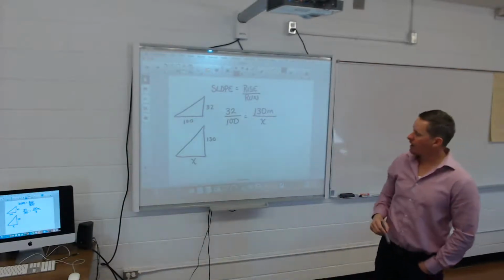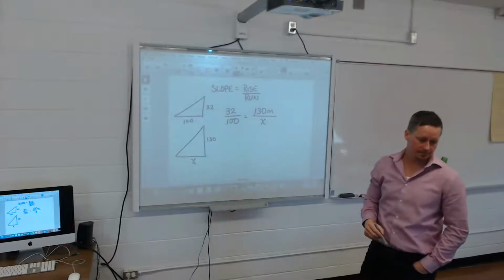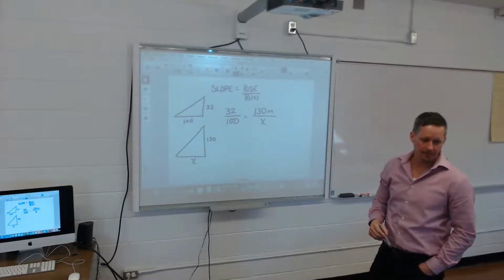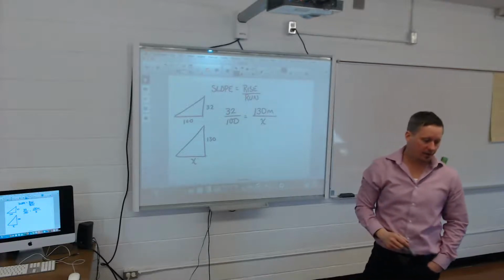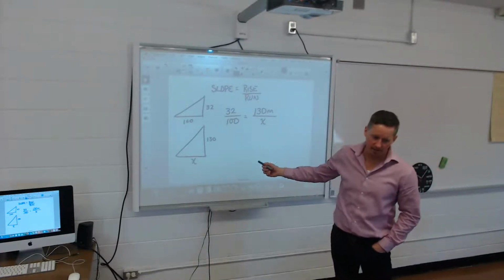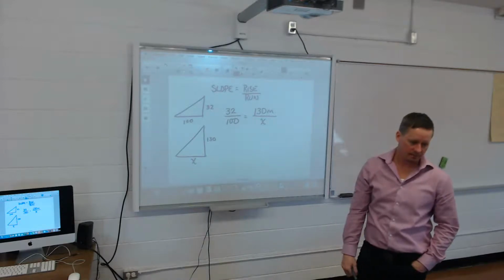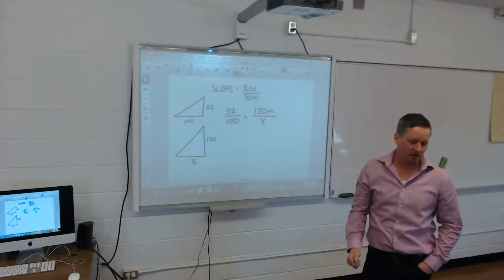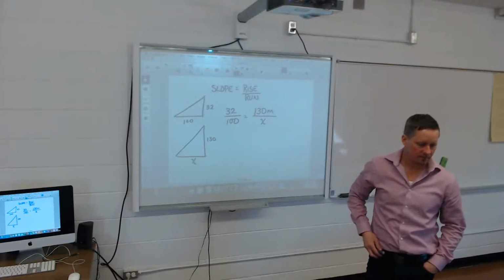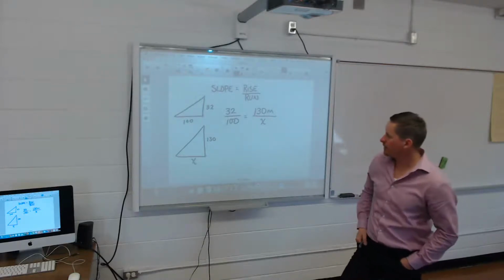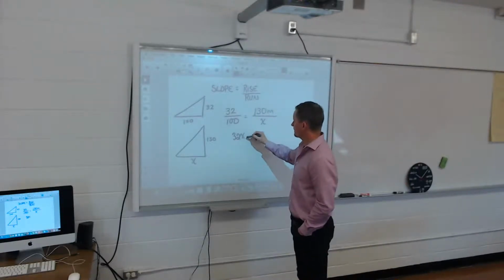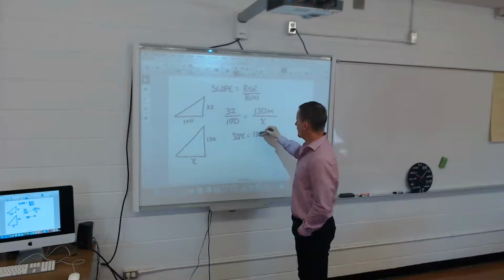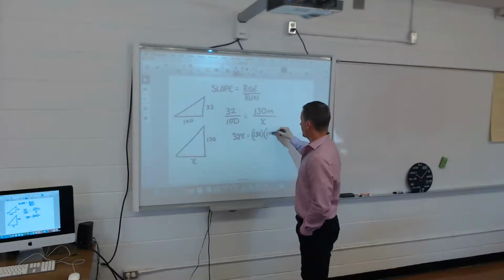I need to know how long that is. So what did I say to do yesterday? I can't have x on the bottom, so how do I move it to the top? Cross multiply. Right, I'm going to cross multiply. So I get 32x equals 130 times 100.